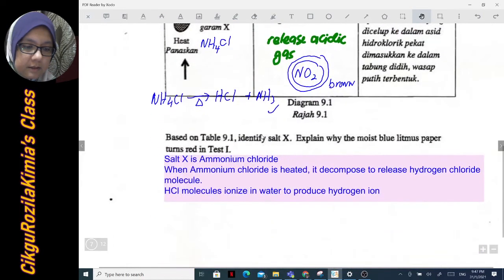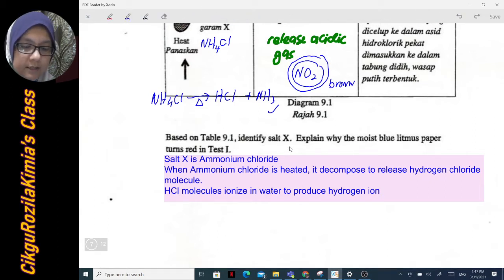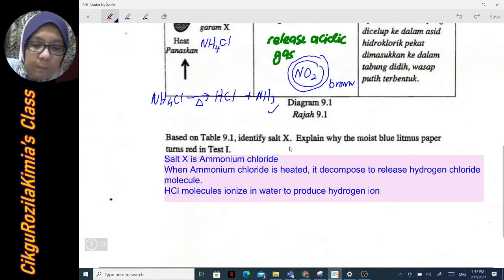Cakap panjang-panjang sangat. Based on table 9.1, identify salt X. So, salt X tadi saya dah identify. So, salt X is ammonium chloride. Explain why the moist blue litmus paper turns to red is because when the salt X is heated, it will decompose. Okay, perkataan decompose to release hydrogen chloride molecule.